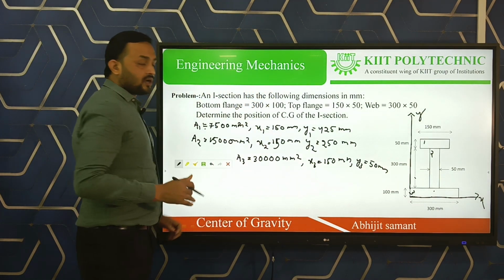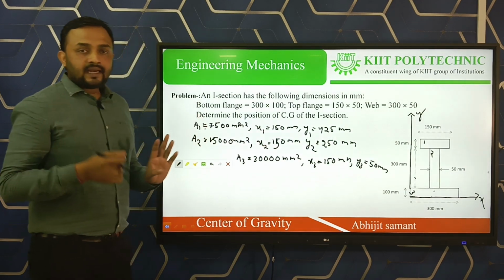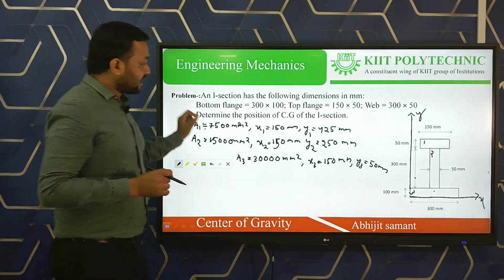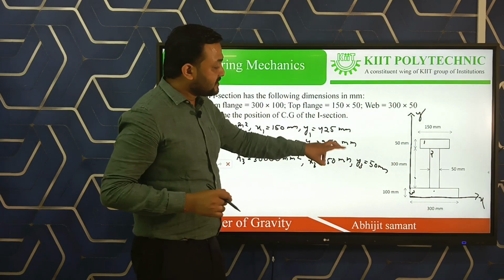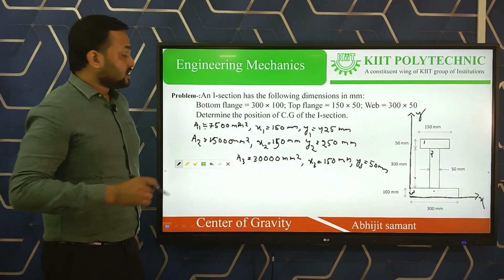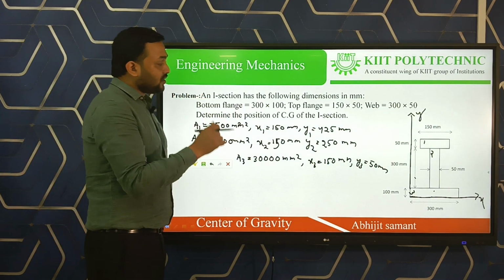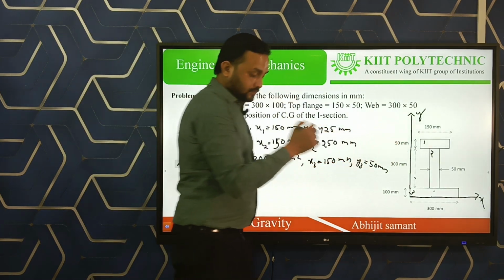So we have already found the area of the first rectangle, the second rectangle, and the third rectangle, and the center of gravity of the first, second, and third rectangles. The question asks us to find the center of gravity for the total I section, or this composite figure.